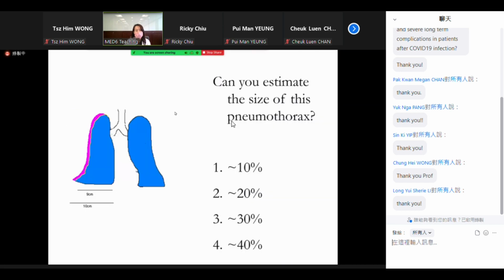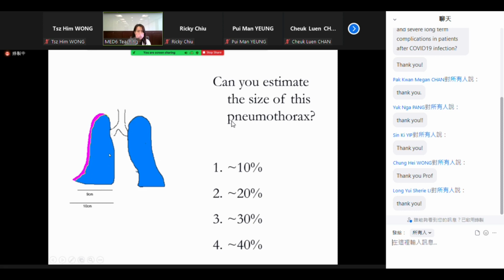So first of all, when you look at the chest X-ray, you have to estimate the size of the pneumothorax. Please remember, when we read the chest X-ray, this is a PA film, it's two-dimensional only. So how to estimate the size of pneumothorax? Like in this diagram, you can see this is the normal lung pleural line. When you measure it, it's 10 cm from the medial border.